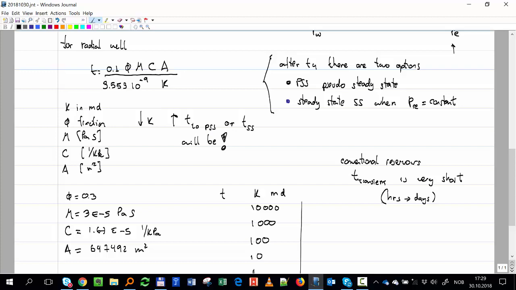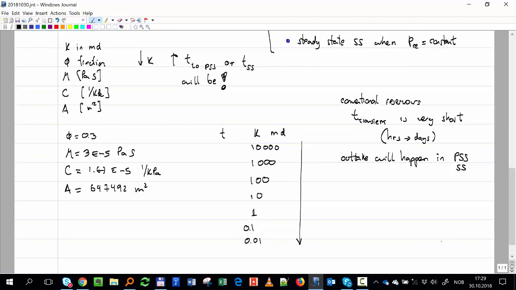It won't affect the production very much, because most of my withdrawal of material from the formation will be happening in PSS or SS, which we will see now is so important.